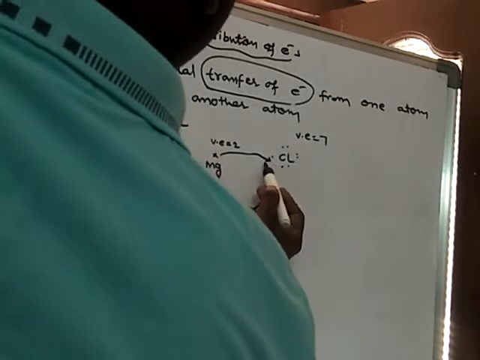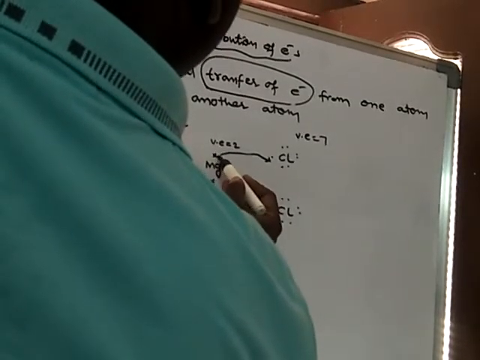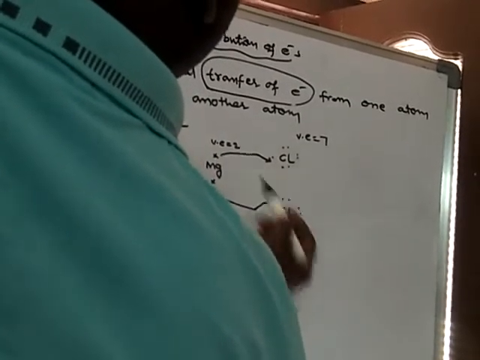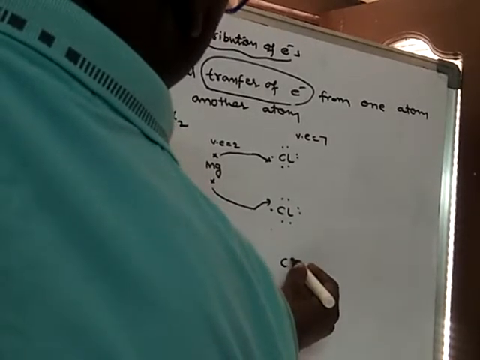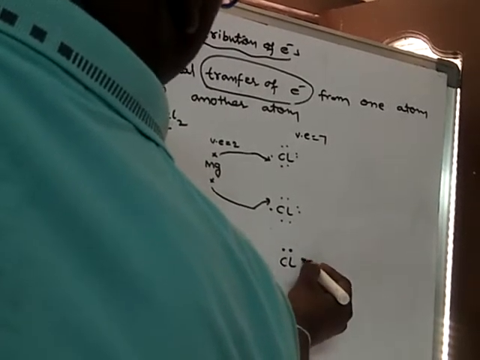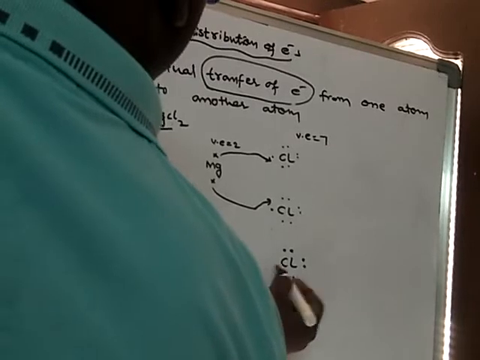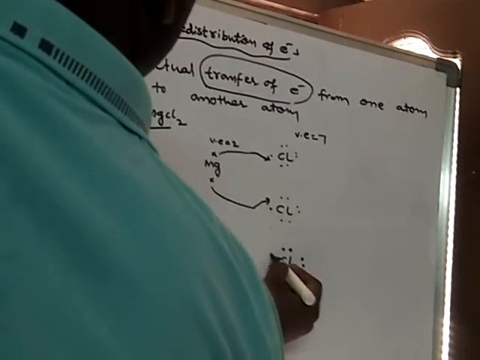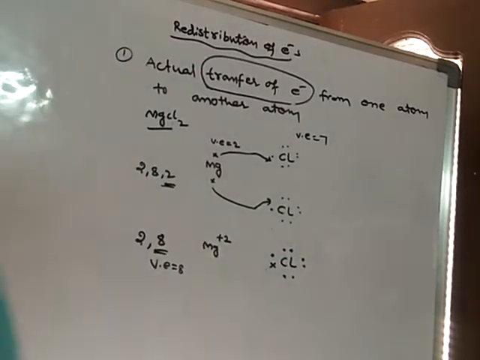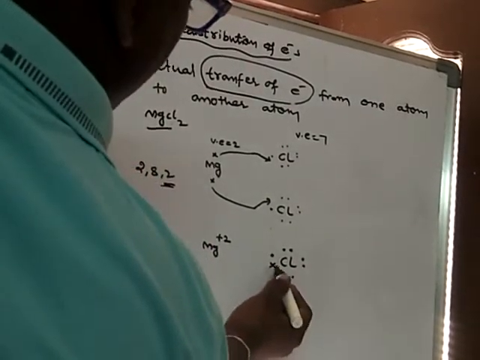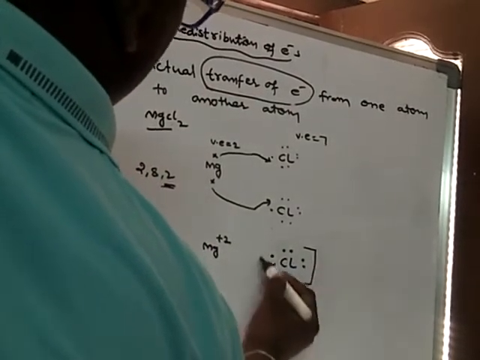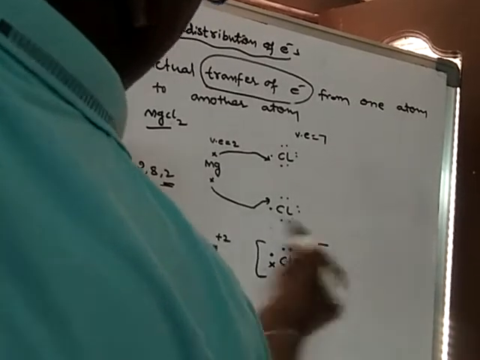Now chlorine has added this electron to it. Chlorine already has 7 electrons in its valence shell, and now one more electron is added. As it has got one excess negative charge, we have to write that excess negative charge on the top like this.